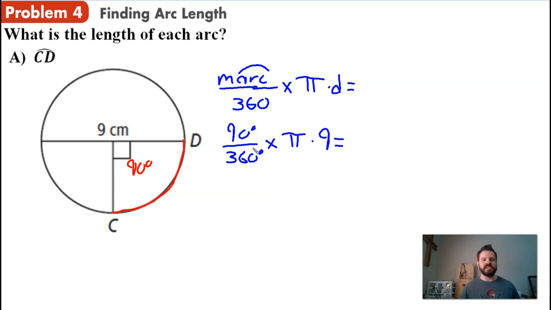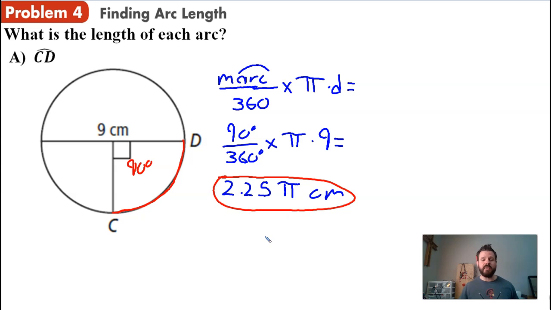What I'll do for that is I'll go 90 divided by 360 times 9. That gives me 2.25. And then instead of plugging the pi into the calculator, we'll just write pi at the end. So in terms of pi, we could say this is 2.25 pi centimeters.